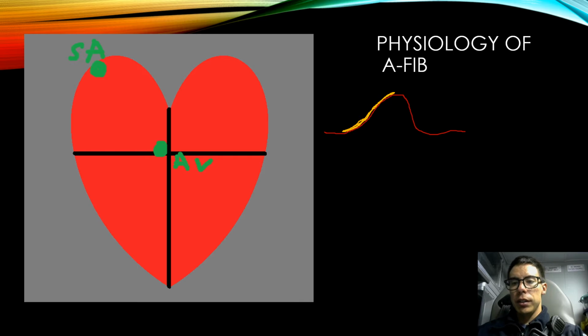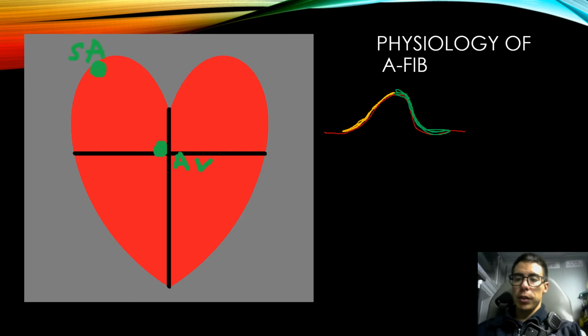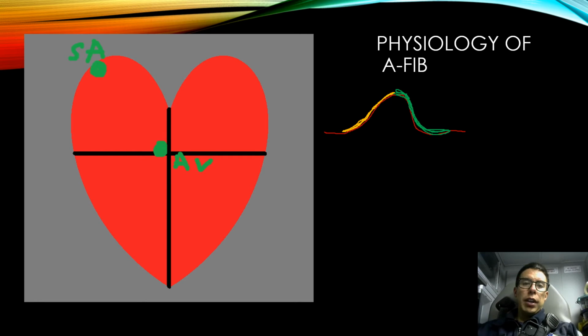But then, once it gets up here, it begins this part, which is the relative refractory period. And in the relative refractory period, if there's a strong enough stimulation, it can generate an impulse, or it can depolarize.